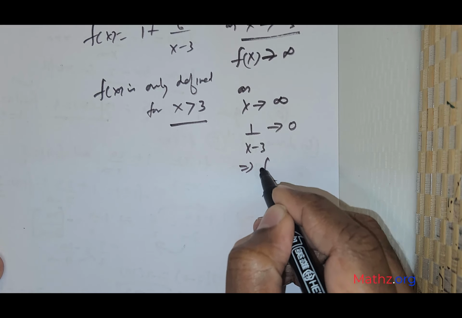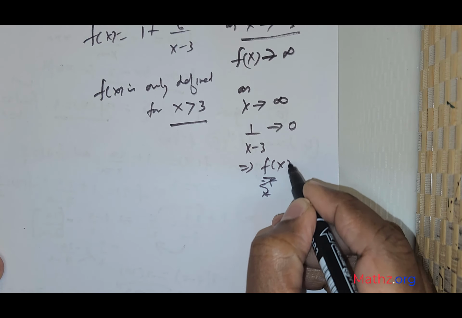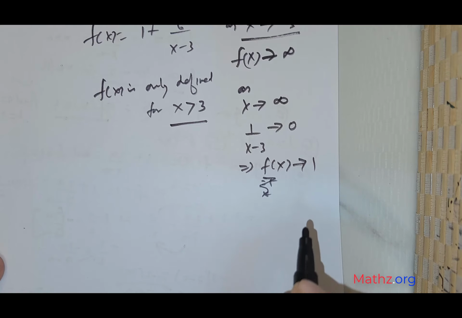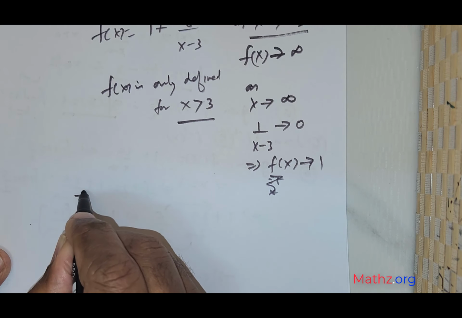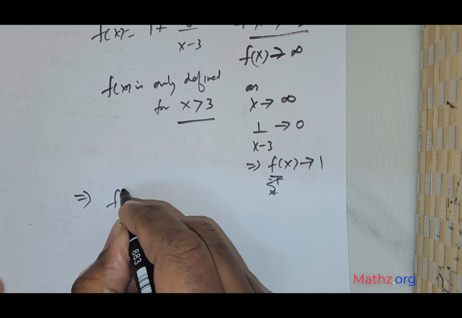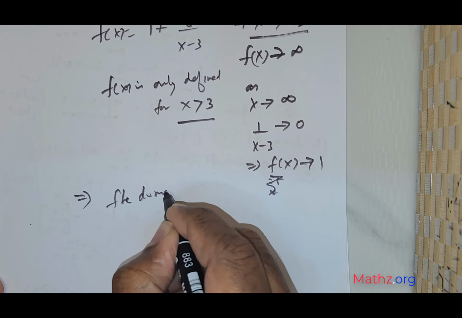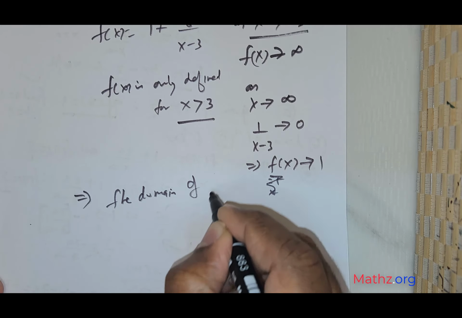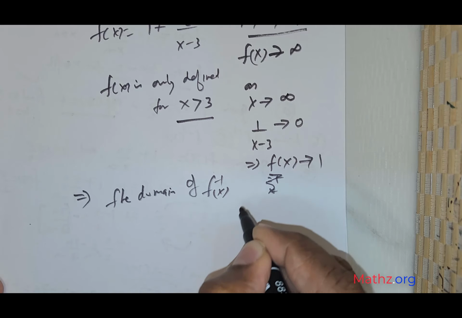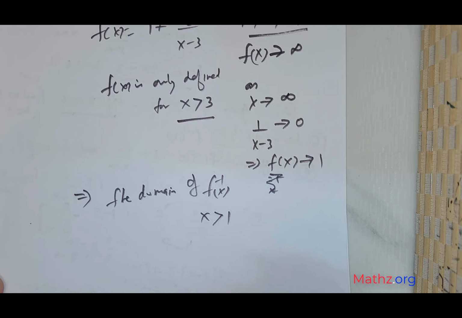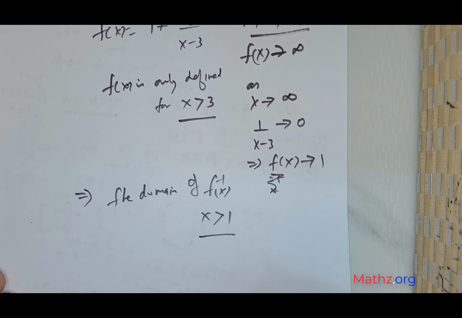So f of x will tend to 1. This in turn would mean the domain of f inverse of x will be all x greater than 1. That is what is required for this question.